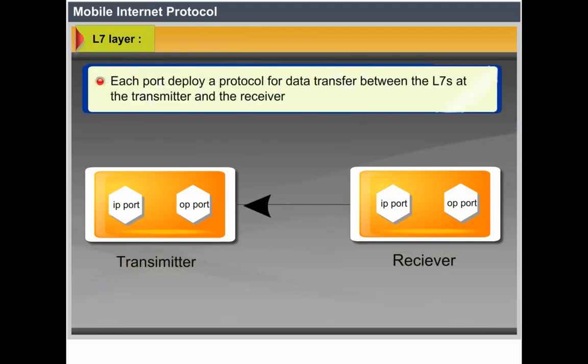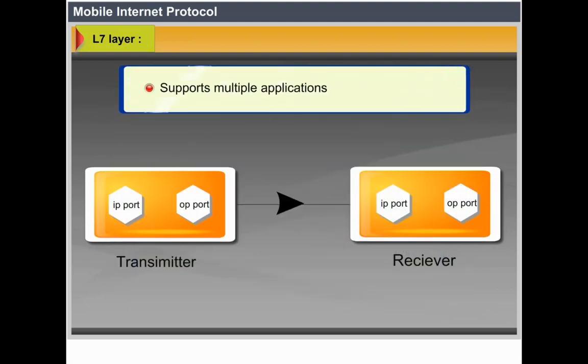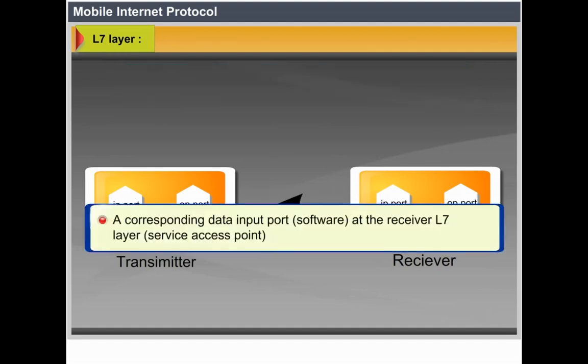Each port deploys a protocol for data transfer between the L7s at the transmitter and the receiver. An output port transmits the service application contents and data employing a distinct protocol. Example: HTTP, Hypertext Transfer Protocol.